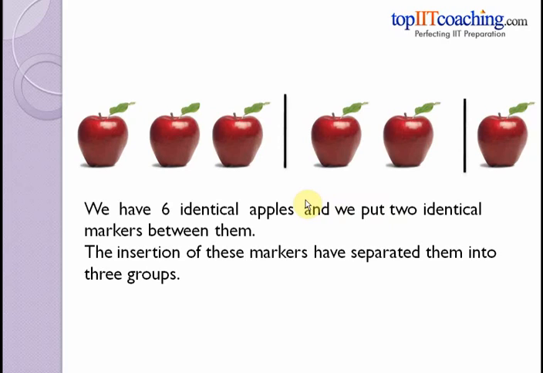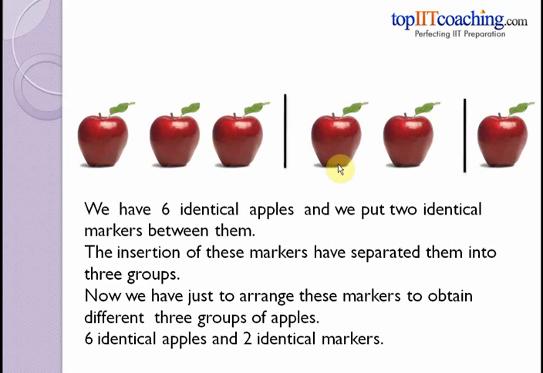If we closely see it, it is nothing but the arrangement of these 8 objects, that is 6 identical apples and 2 identical black markers, that will result in the distribution of these apples to 3 boys. Thus we are going to arrange them, and it can be done in 8 factorial by 6 factorial into 2 factorial ways, which is nothing but equal to 8C2.